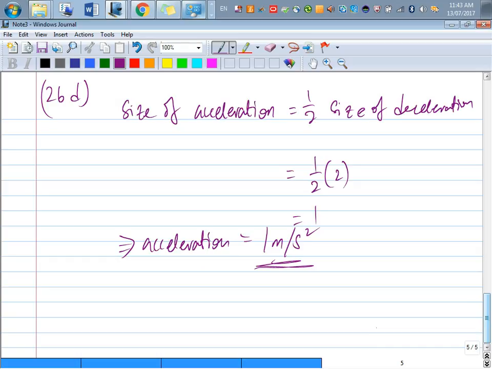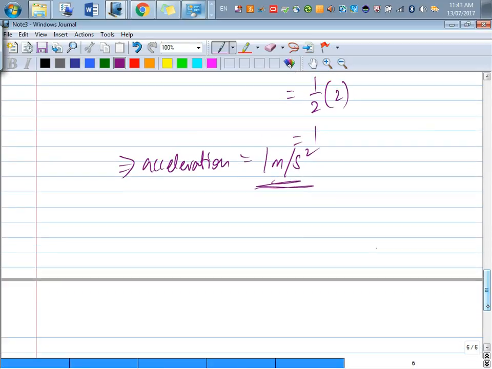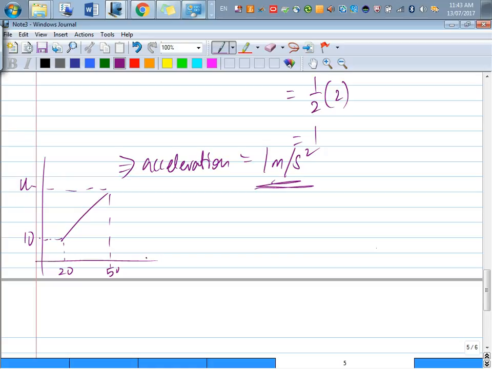Then in the graph it looks like this. So acceleration is given by final speed, which is u, minus initial speed, which is 10, divided by the time taken, 50 minus 20.